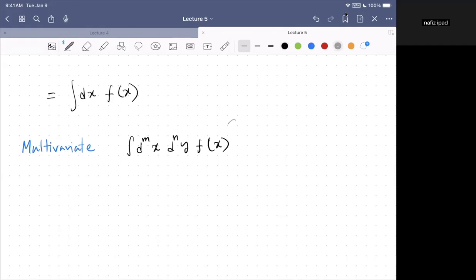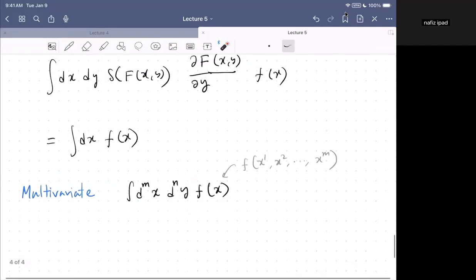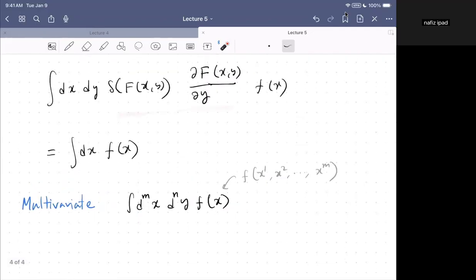And here by f of x, I mean f of x1, x2, up to xm. Okay. So now there are n variables y that don't enter into your integrand, and these are the things that you want to get rid of. So what do you do? This generalizes in a straightforward way.